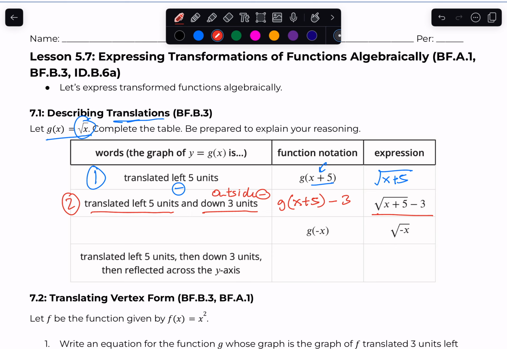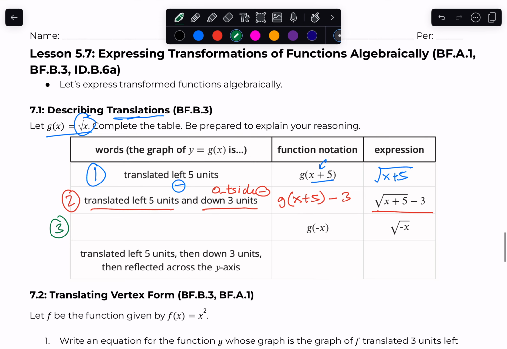Something a little interesting happens here. In this next box, we have the function notation and the expression, but we need to find the words. What is it telling us to do? Well, we are seeing a negative movement. We've changed x to negative x inside the parentheses. We know that from lesson 5.5, if I change x to negative x inside the parentheses, that means I'm reflecting across the y-axis, right?